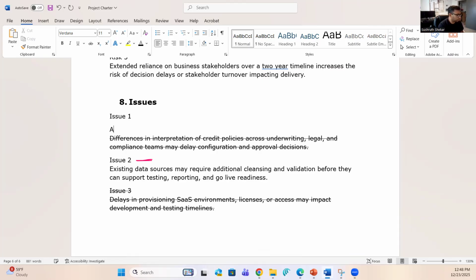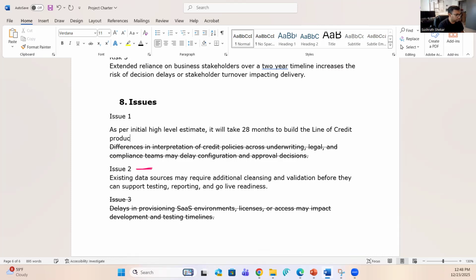as per the initial high level estimate, it will take 28 months to build the line of credit product.